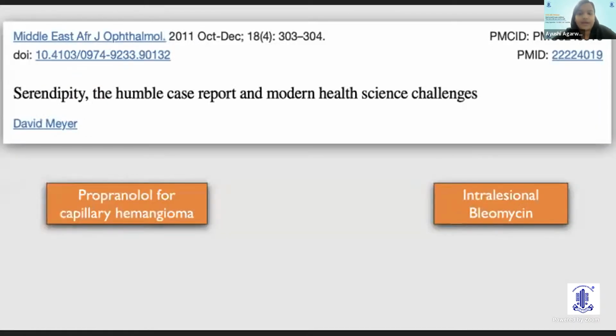What turned out to be a product of serendipity and a humble report has changed the face of how we treat capillary hemangiomas with propranolol. And similarly, intralesional bleomycin also started out as a case report and is now extensively used in the field of ophthalmology.